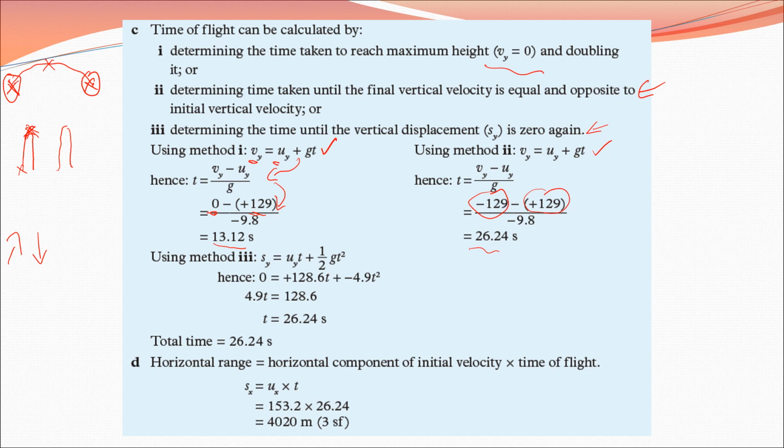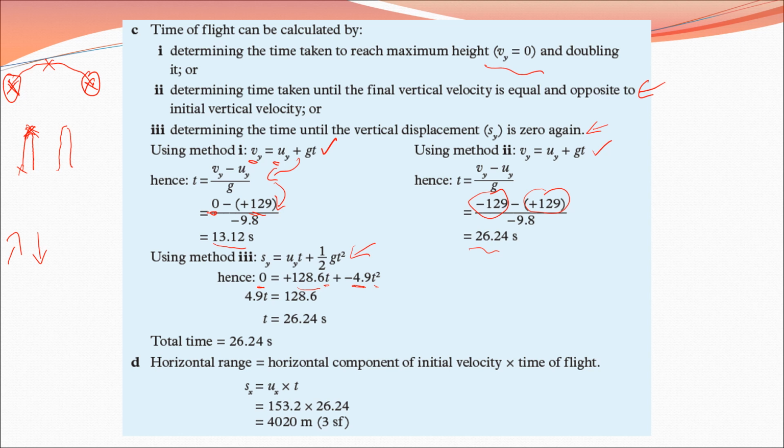And the last one, determine the time until the vertical displacement is 0 again. So we've got a different formula here. S is equal to ut plus a half gt squared. The displacement is going to be 0. I know what my initial velocity is, 128. T is what I'm working out. And a half times 9.8 is that number there. And there's another t squared we're working out.